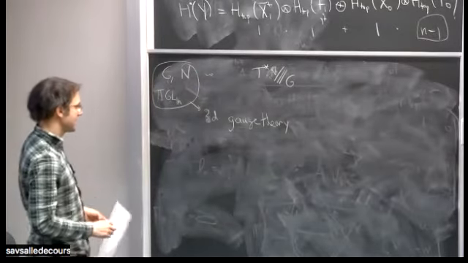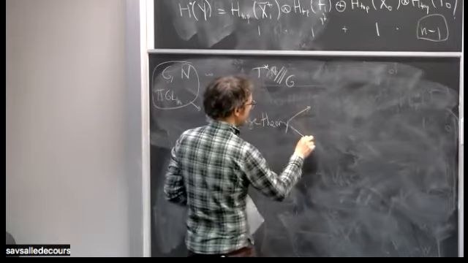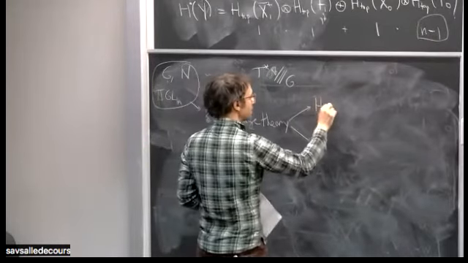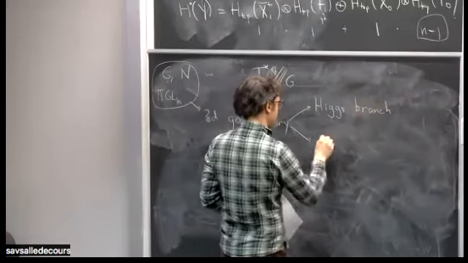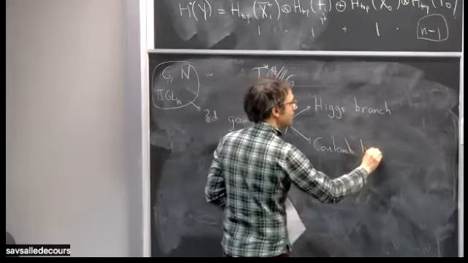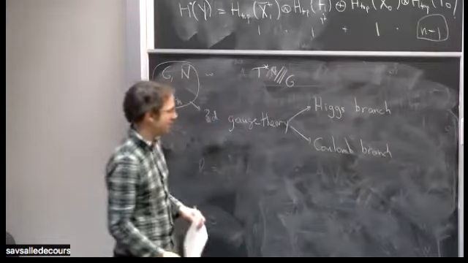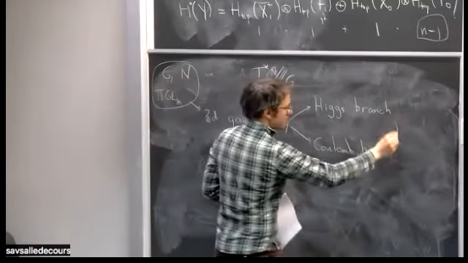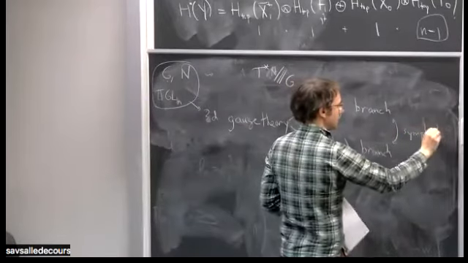And this 3D gauge theory has what they call two spaces associated to it. One space is called the Higgs branch, and the other space is called the Coulomb branch. On the physics level, this business about symplectic duality is that this Higgs branch and Coulomb branch are the two spaces which are symplectic dual.